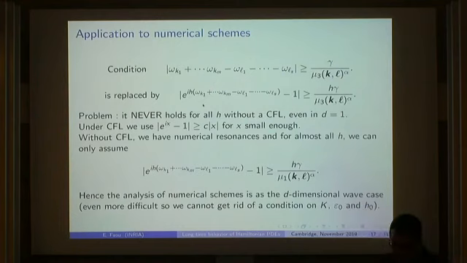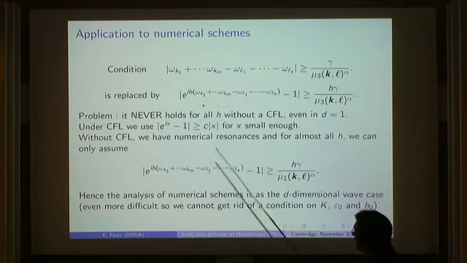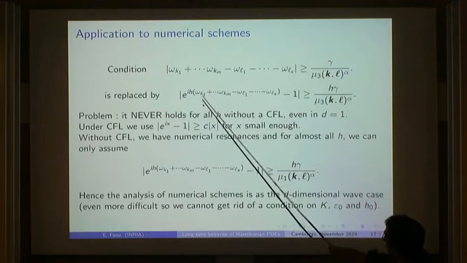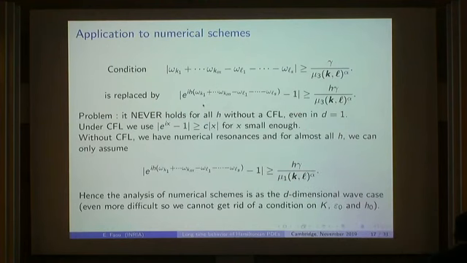So that explains why we can obtain the result, but we cannot completely get rid of the CFL. You can still find terms that, even with a weak CFL, can cancel this. So it's a bit technical, but that's the way it works.